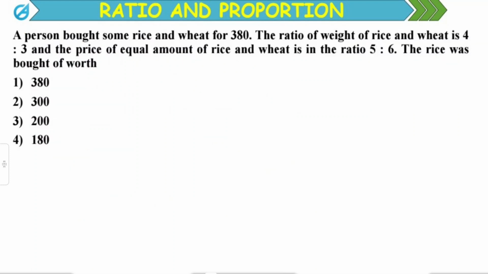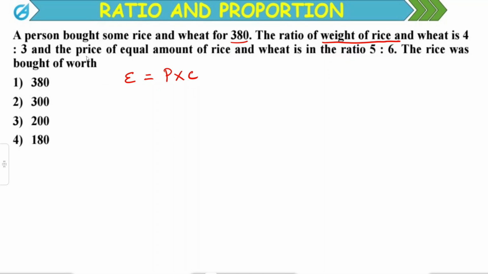Okay, next one. A person bought some rice and wheat for rupees 380. The ratio of weight of rice and wheat is 4:3. How will we find expenditure? One more thing I said, expenditure is price into consumption, and here consumption represents weight.